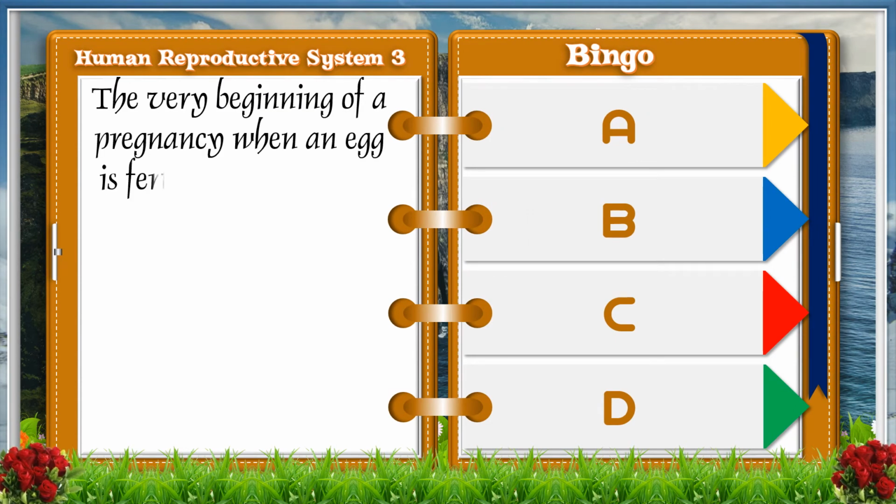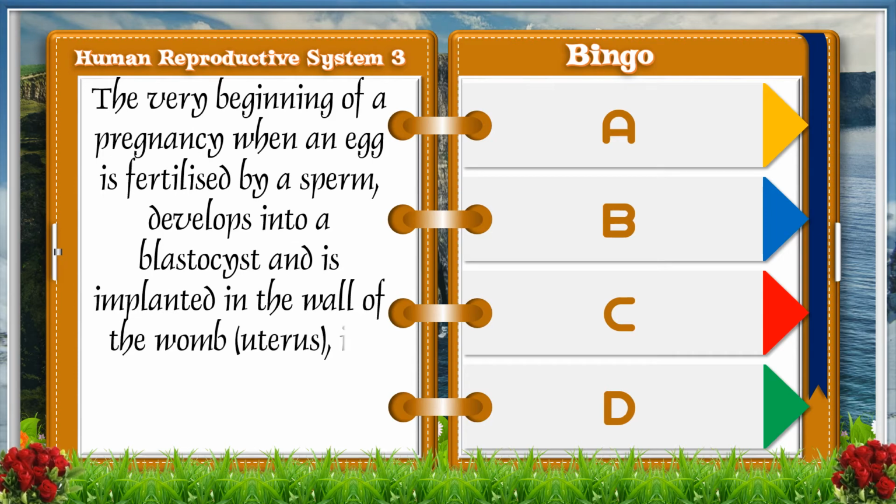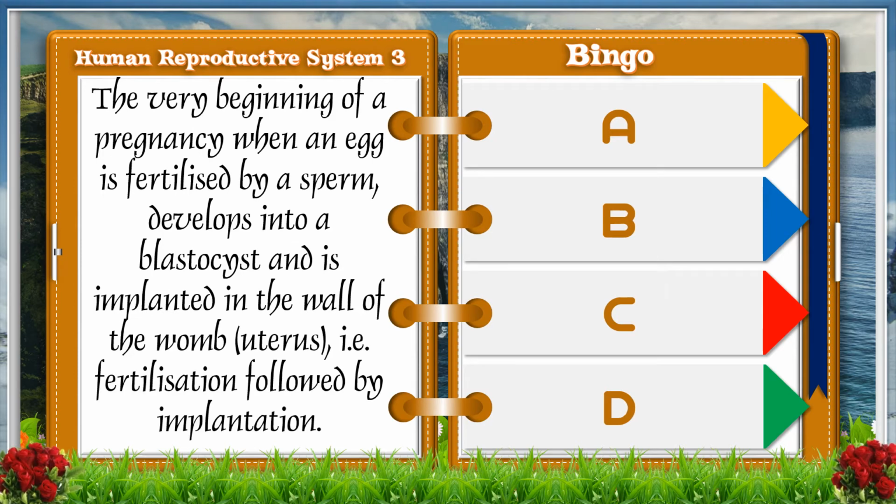The very beginning of a pregnancy, when an egg is fertilized by a sperm, develops into a blastocyst and is implanted in the wall of the womb, uterus, i.e., fertilization followed by implantation.